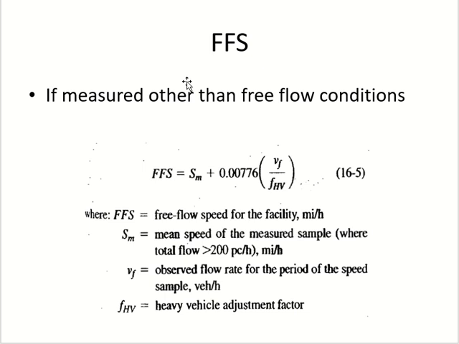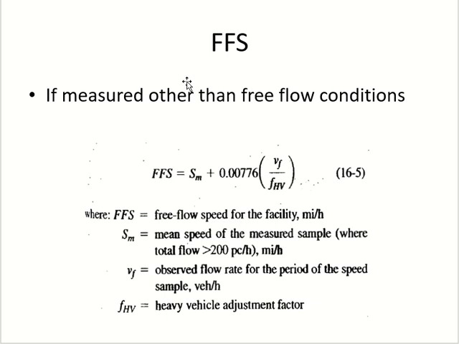And FHV is a factor for what? Heavy vehicles. Okay, so we know how to calculate. So if you measure the speed in free flow conditions, that's your final value. If you measure it in non-free flow conditions, then the final value will come from here.